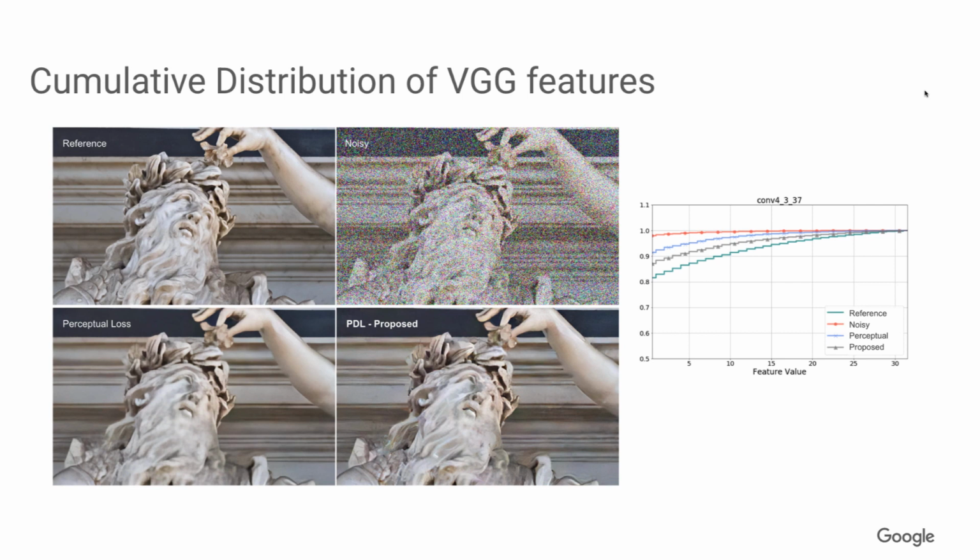Here you can see an empirical distribution of a deep feature extracted from a VGG network for the reference image, the noisy low-quality input, the image recovered using the perceptual loss, and the image recovered with PDL, our distribution loss. The empirical distribution of PDL is the closest to the reference one.